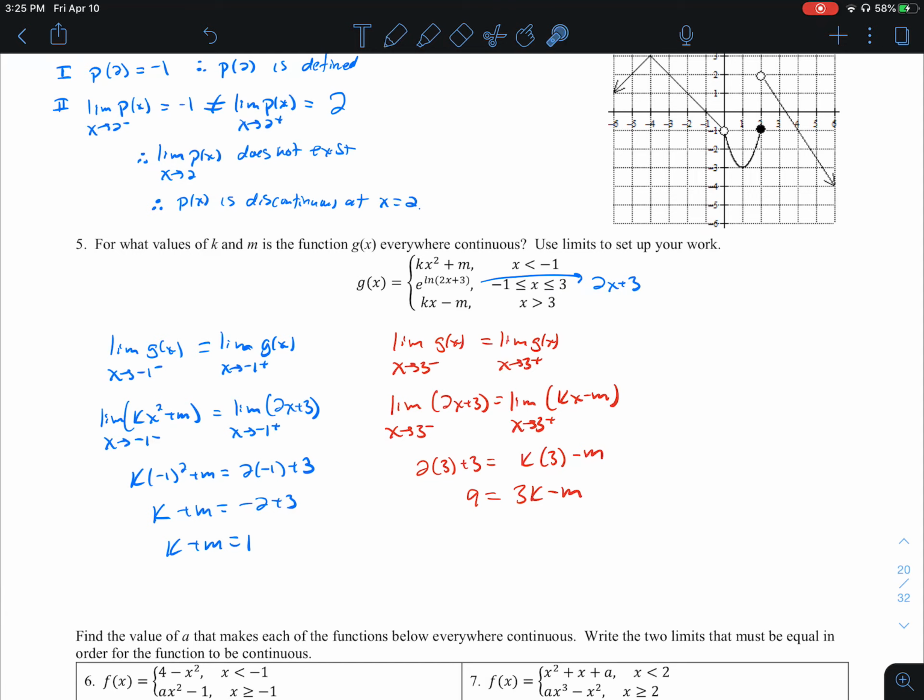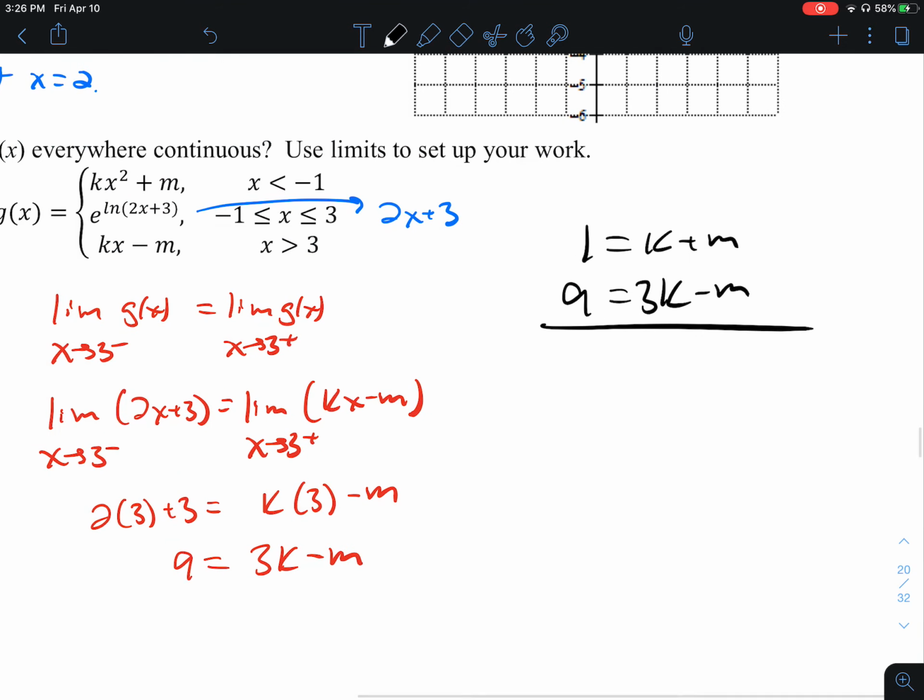So what we could do is stack these on top of each other using a system of equations. I could say that 1 equals k plus m over 9 equals 3k minus m, and then add these together using the elimination method. And I would get 10 is 4k, which is going to make k 5 halves.